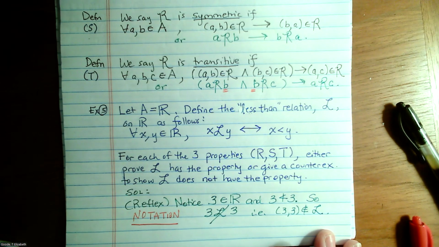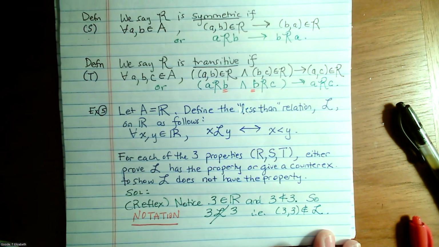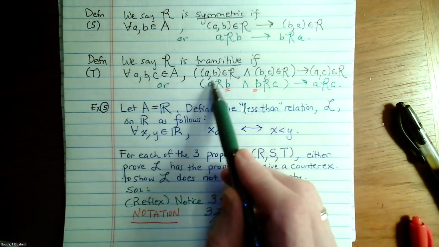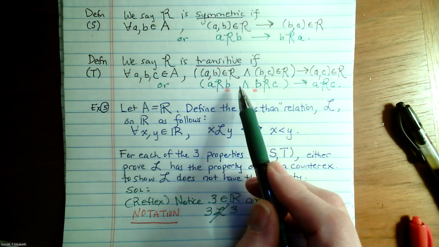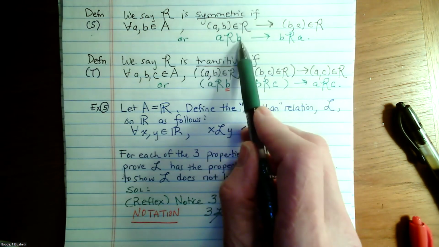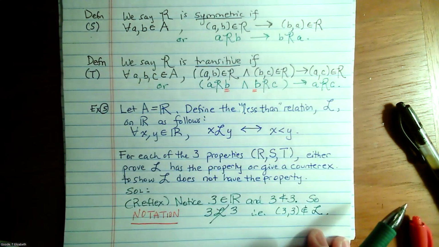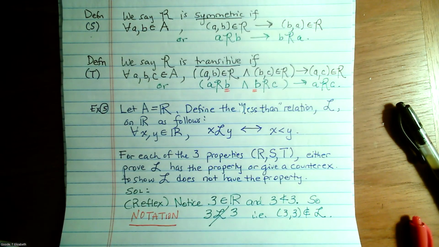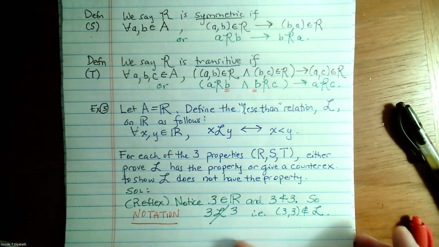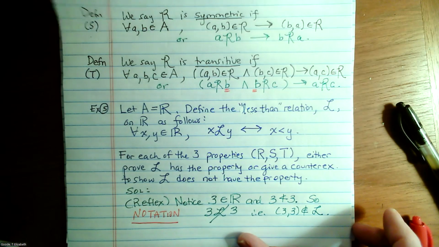Okay. Now let's check and see if the less than relation is symmetric. In other words, if x is less than y, does that force y to be less than x? What do you think it's going to be? Let's take a look.